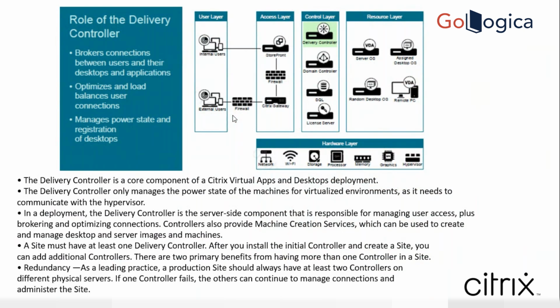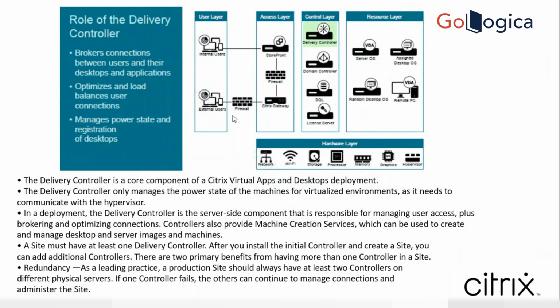Delivery controller is a core component of Citrix virtual app and desktop. Delivery controller manages the power state of the machine. It will check whether the machine is on or off, active or not active.